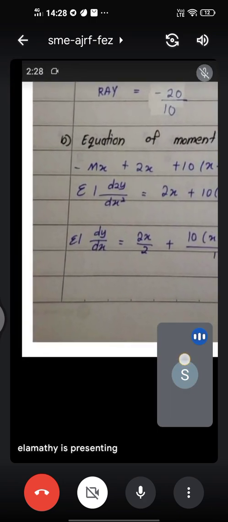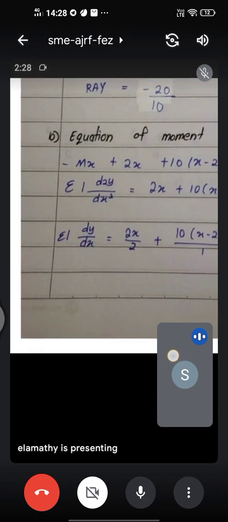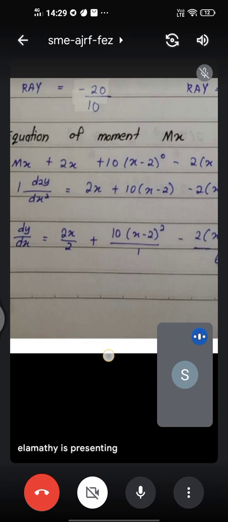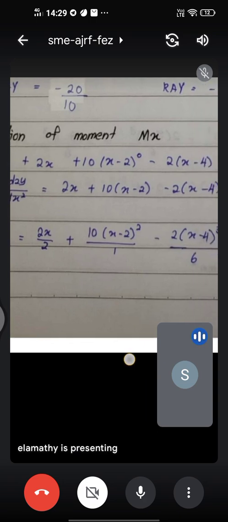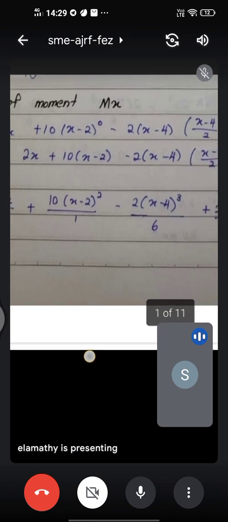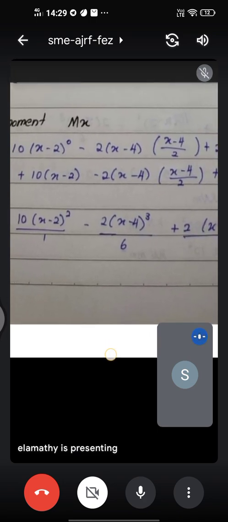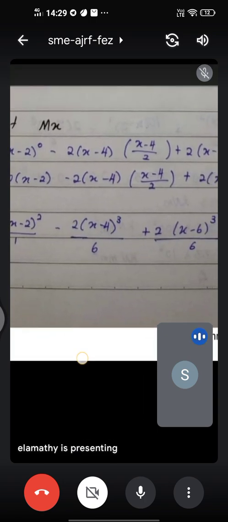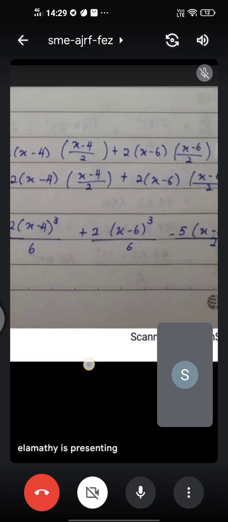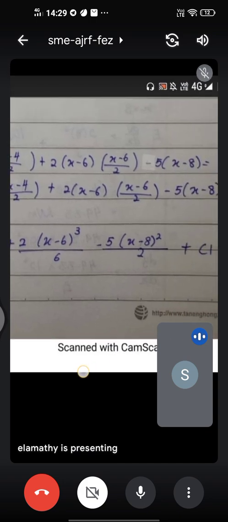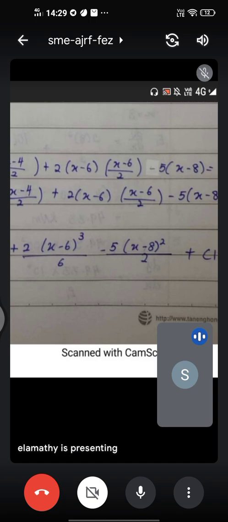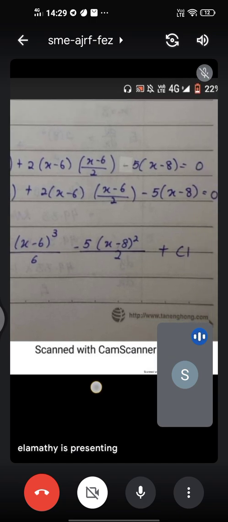Last will be E I dy over dx equals 2x over 2 plus 10 open bracket x minus 2 over power of 2 over 1 minus 2 open bracket x minus 4 close bracket power of 3 over 6 plus 2 open bracket x minus 6 close bracket power of 3 over 6 minus 5 open bracket x minus 8 close bracket power of 2 over 2 plus c1.